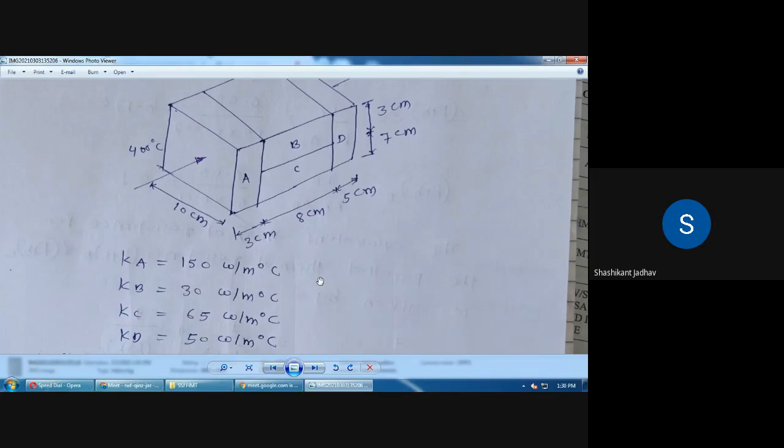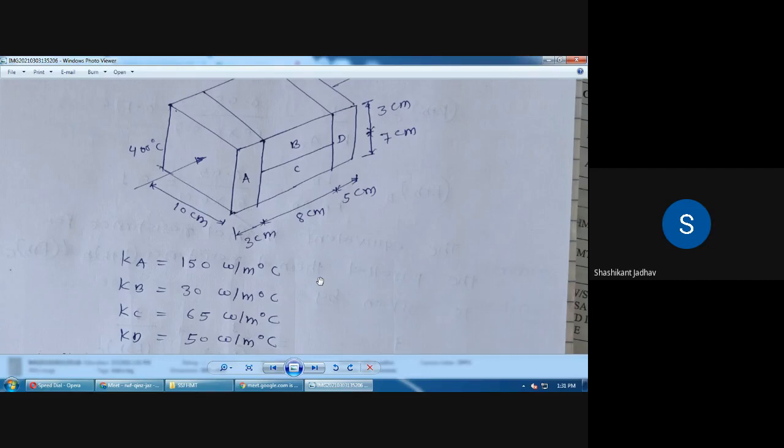Then K_C, the thermal conductivity of layer C, is 65 watt per meter degree Celsius, and thermal conductivity of layer D is given 50 watt per meter degree Celsius. Okay, K_A, K_B, K_C and K_D are given. So write down those values.